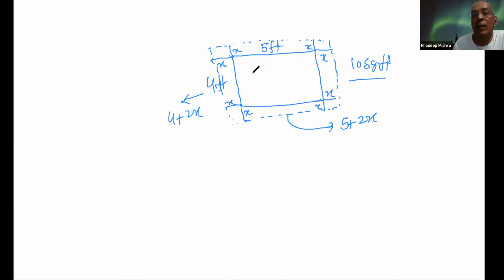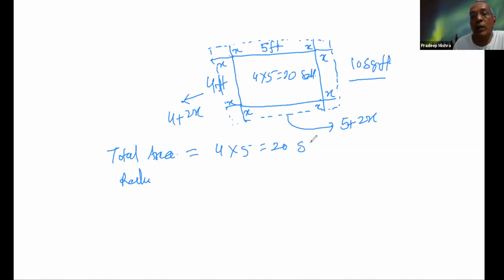What is the area of this rectangle? 4 into 5, which is 20 square feet. And what is the outside, including the quilt? When the quilt is added with the fabric, what is the fabric area?